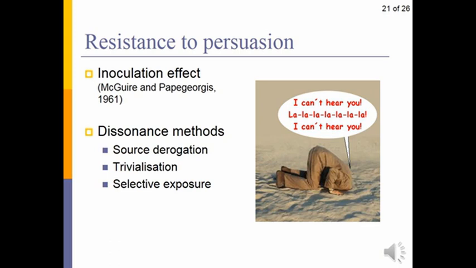However, there are ways in which you can prepare other people in such a way as to make them resistant to persuasion, and they call this the inoculation effect. This is where, if you know that there's going to be an attempt to persuade them to do something and you want them to resist that attempt, you expose them to a little bit of the message they're going to hear from the other source.